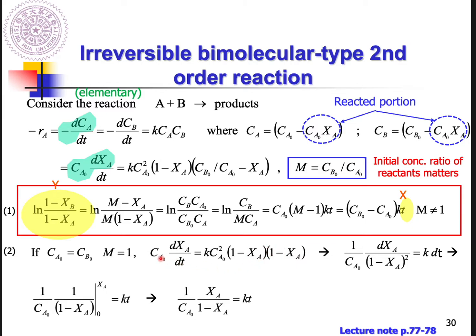So move this term to the left-hand side, dt to the right-hand side, and take the integral. So finally, you will get the relationship. It will be here. So if you use this as y and this as t, then you get a straight line. Then, oh yes, the chemical reaction you deal with is a second order reaction.